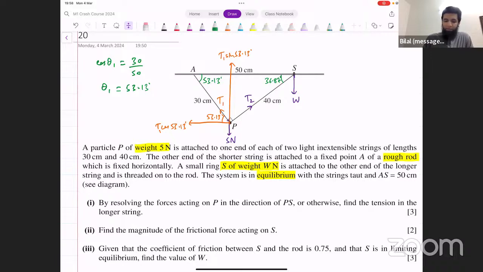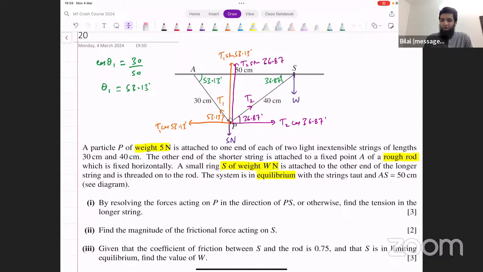And then if you were to resolve T2, that would be in this direction. If this angle is 36.87, then this one is also 36.87. Again, alternate angles. So we have T2 cos of 36.87, and the vertical component would be T2 sine 36.87. And then what we can do is we can just equate the opposite forces.